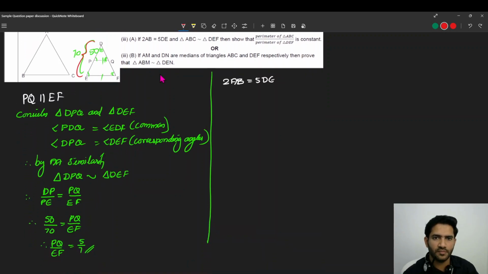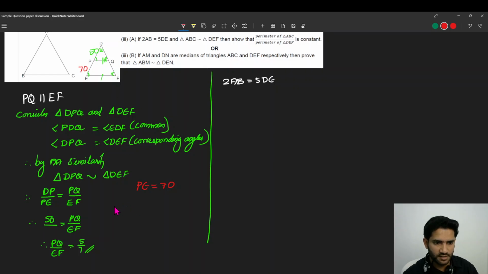So before solving this one, we want to consider here that PE is 70, not DE. Sorry, PE is given 70. That's given.